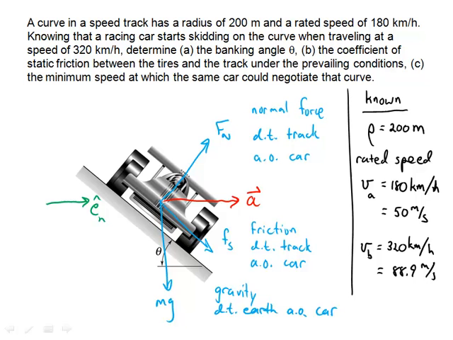The tangential is in the direction of the velocity, and in this drawing the velocity is coming towards us, so that's out of the page. But there's no acceleration in that direction, there's no forces in that direction, so we're not going to worry about the tangential component of Newton's law. Then there's also up, which is of course the y-axis. So I've got a normal direction and a y direction.